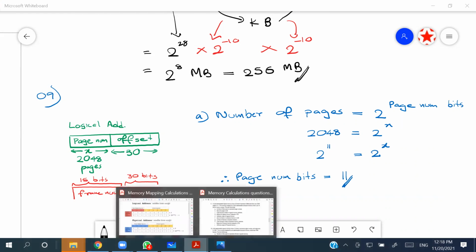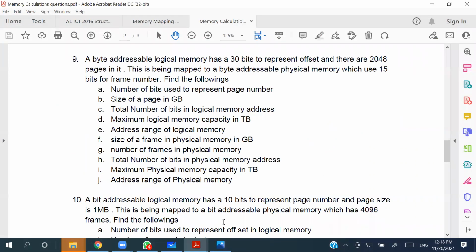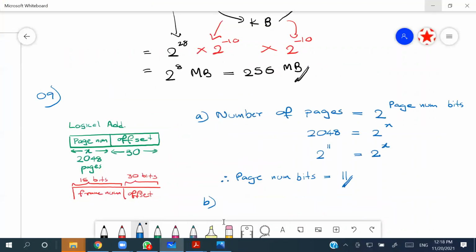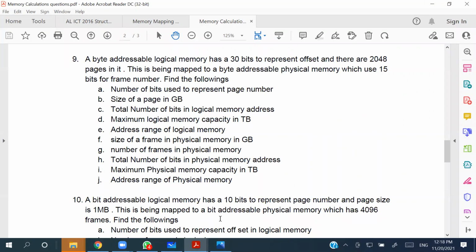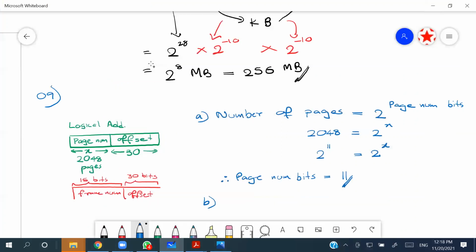So part B, size of a page in gigabytes. We know the offset is 30, and this is saying it is byte addressable. So that means we are going to receive the capacity in bytes, right? So the page size equals 2 to the power offset bits.